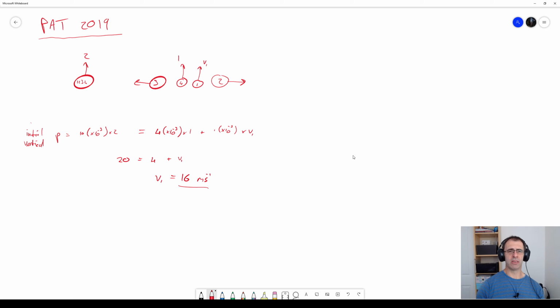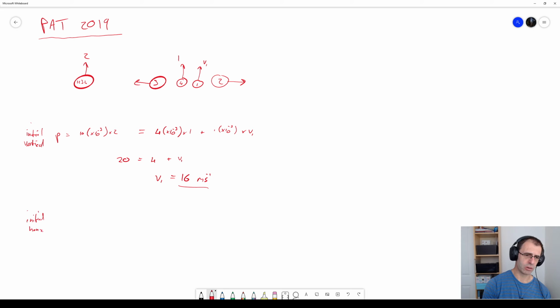The next thing I need to do is find the speeds of 3 and 2. I know that they have no vertical momentum, but they're moving horizontally, so they have horizontal momentum. And what I can say is that their total horizontal momentum must sum to 0, because initially the whole thing was moving vertically.